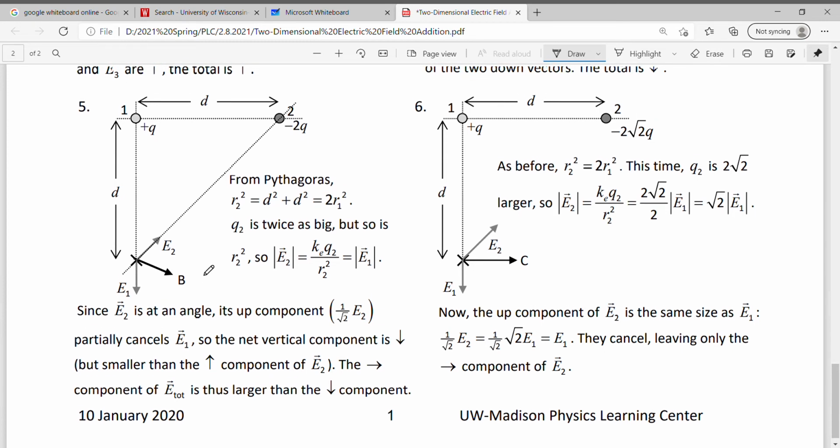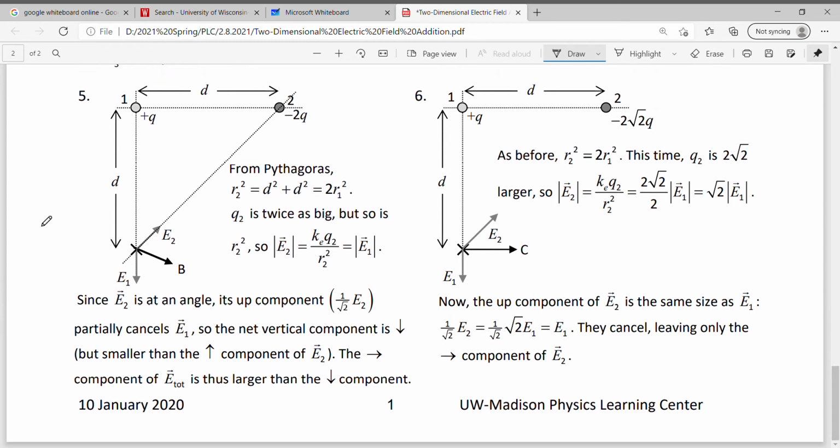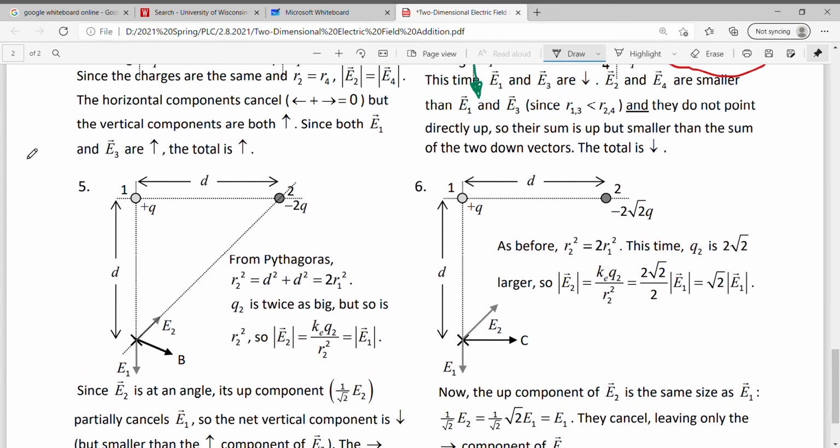That's wrong. Let's go through the calculations fast. So E1 equals K times Q over D squared.